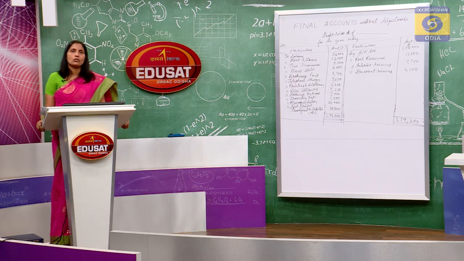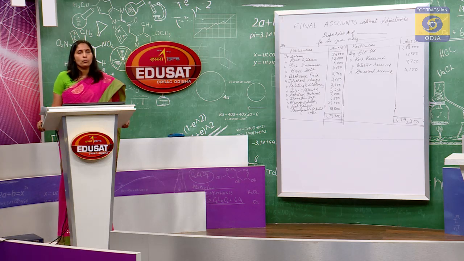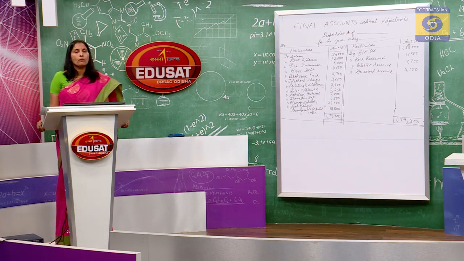Students, in this session we have seen what is a profit and loss account, what is the meaning of a profit and loss account, why do we prepare a profit and loss account, what is the format of preparing a profit and loss account, what are the items that go to the debit side, and what are the items that go to the credit side of the profit and loss account.